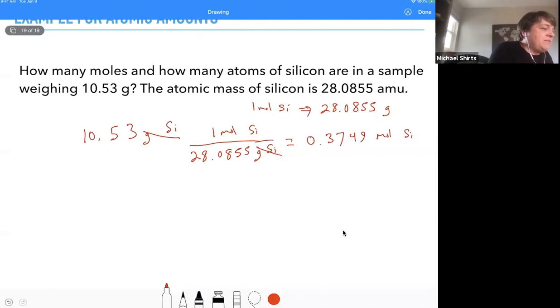So now that we have the number of moles, we can say, well, 0.3749 moles of silicon.